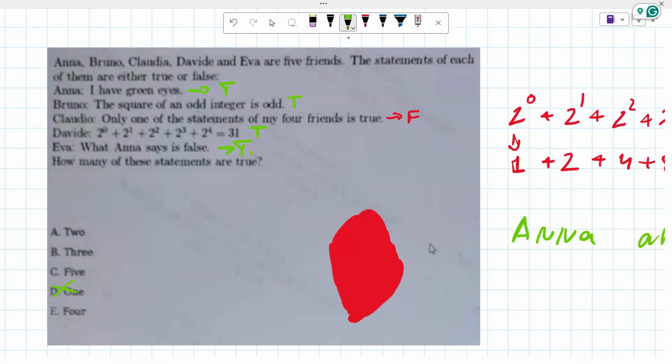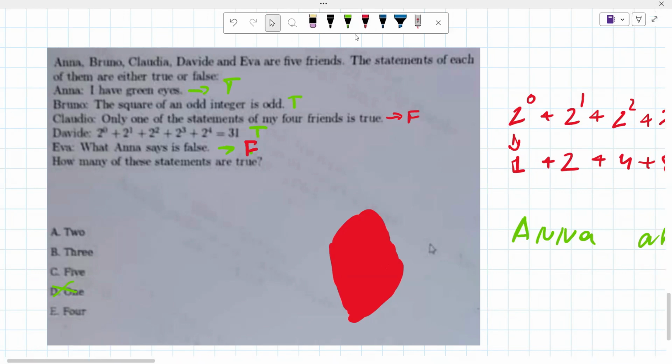So they cannot both tell the truth at the same time. So let's assume that Anna is telling the truth, and Eva's statement is false. She says what Anna says is false, and we are assuming that she is lying. In this case, we have 3 true statements and 2 false statements.